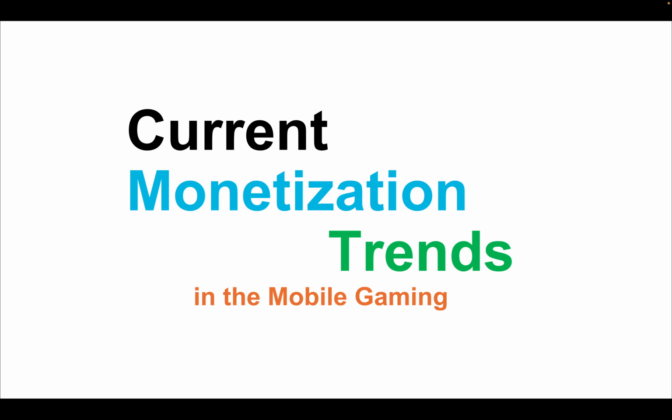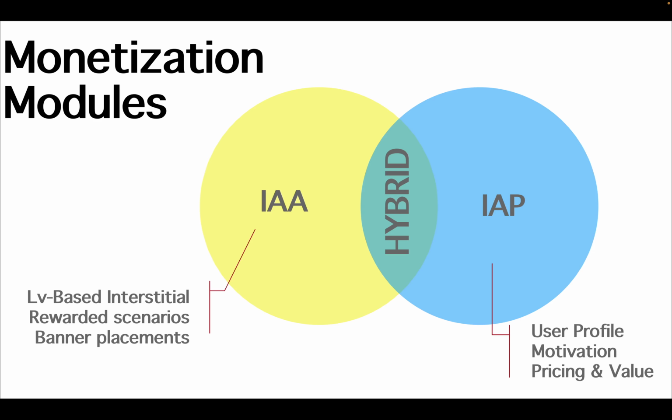Okay, current monetization trends in mobile gaming. As you are all aware, monetization goes through two sides, in-app purchases and in-app advertising. On the in-app advertising part, we have rewarded, interstitial and banner. Banner is non-intrusive on the top or bottom, so it's definitely nice extra cash for publishers.